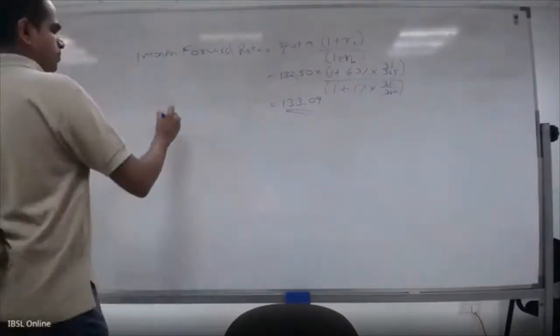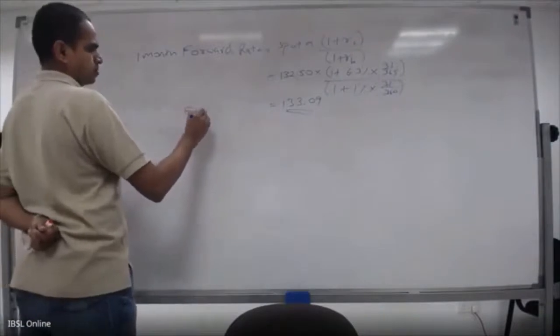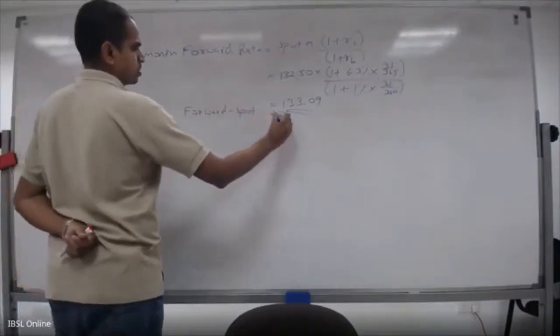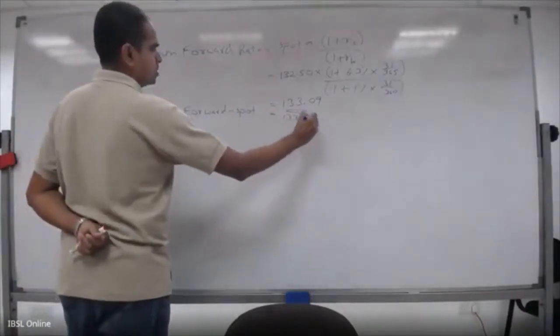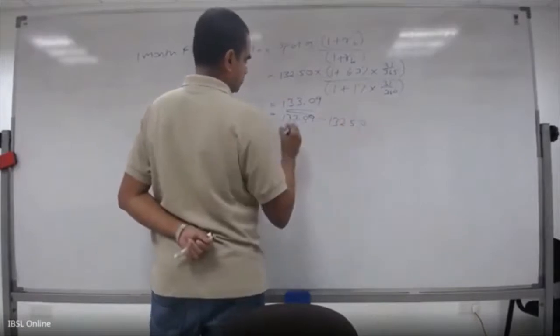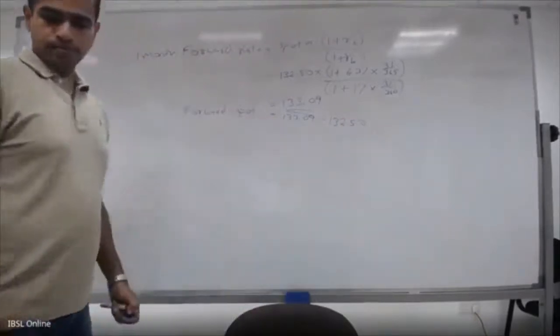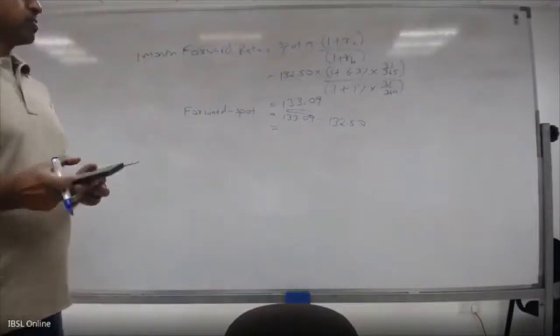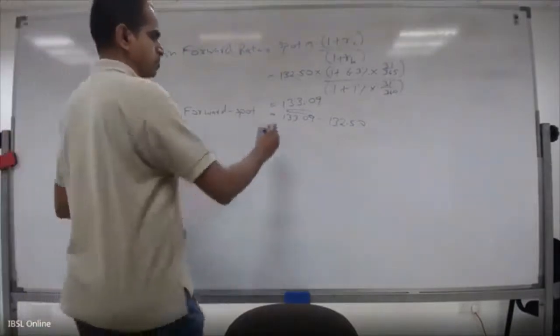Now let us calculate the difference between the forward rate minus the spot rate. It's 133.09 minus spot rate 132.50. So it comes to 59 cents.